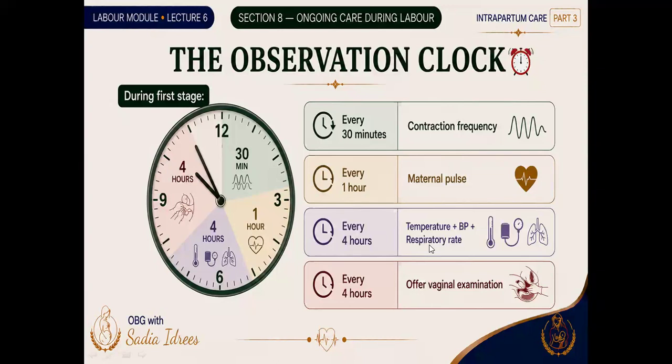So your memory sequence is 30 minutes for contractions, 1 hour for pulse, 4 hours for BP, temperature and respiratory rate, and 4 hours offer vaginal examination. Now be careful with the wording. We say offer.